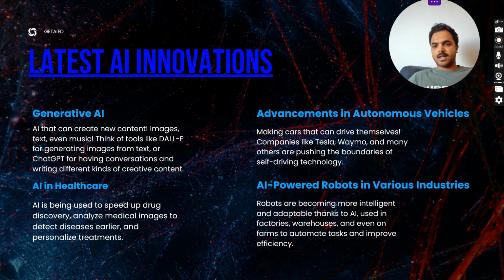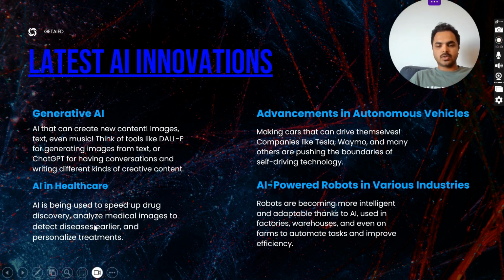And the advancement we had in autonomous vehicles. We know about self-driving cars, Tesla, BYD, Waymo. I think Waymo is a taxi company in the US. They have set up autonomous cars which can drive. With their tech, any car can be driven as autonomous. So we have already reached that level of intelligence with AI.